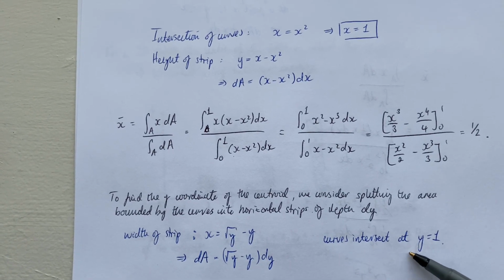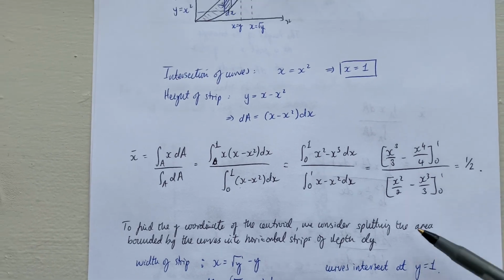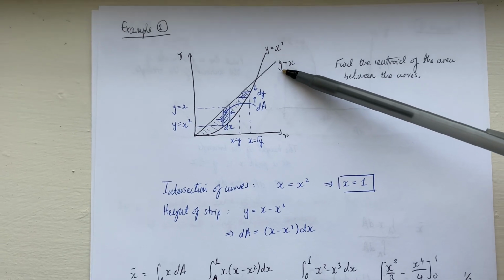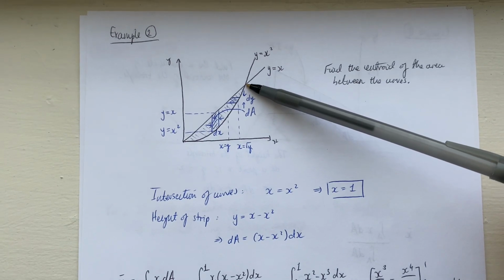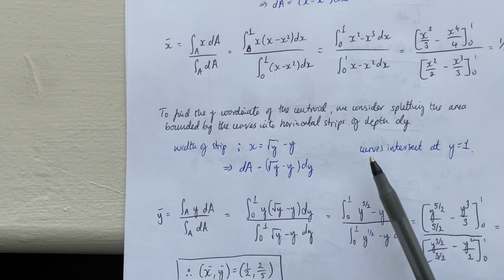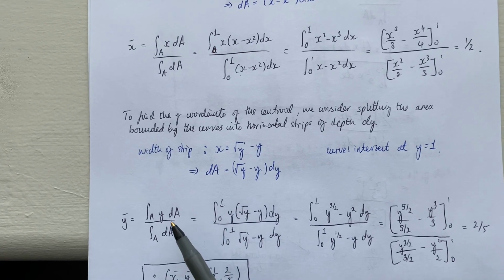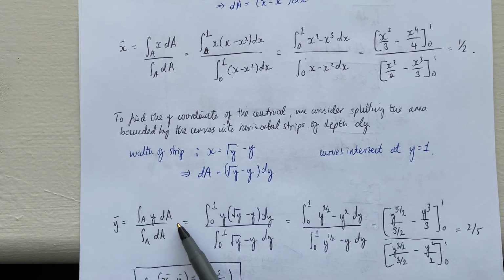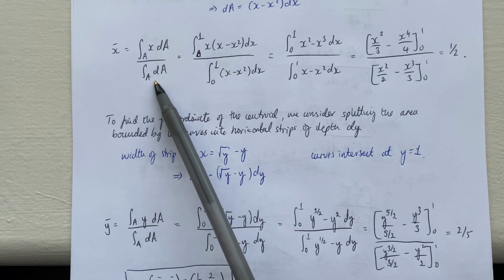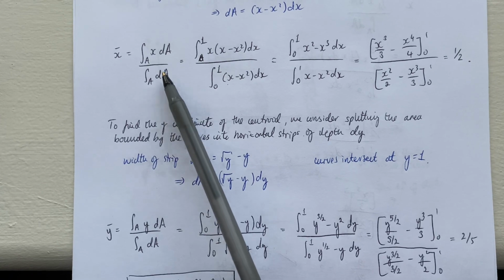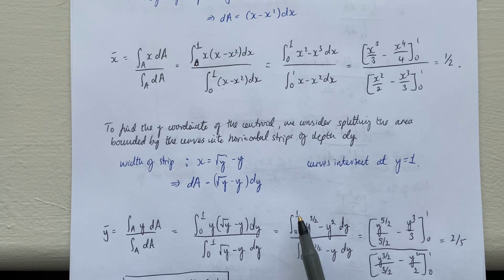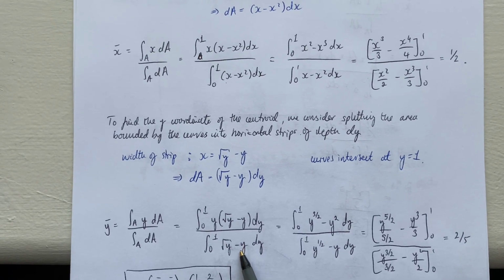And the curves intersect at y equals 1, because we said they intersected at x equals 1, and we just have y equals x, right? So with this new information, we can go ahead and just plug this into the equation for the y coordinate of the centroid, which is exactly the same as the equation for the x coordinate of the centroid, but we're just replacing x's with y's, and remembering that everything is now in terms of these horizontal strips rather than the vertical strips.